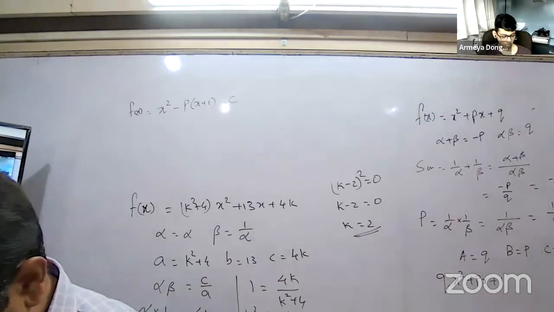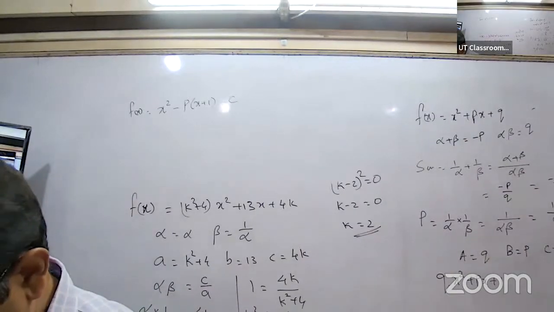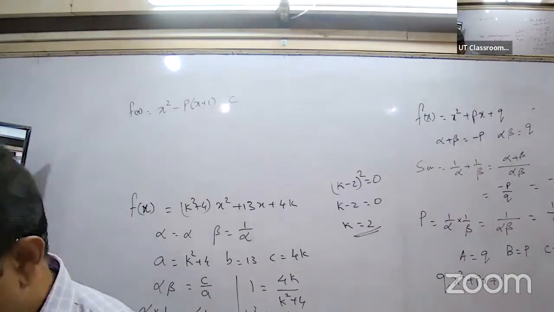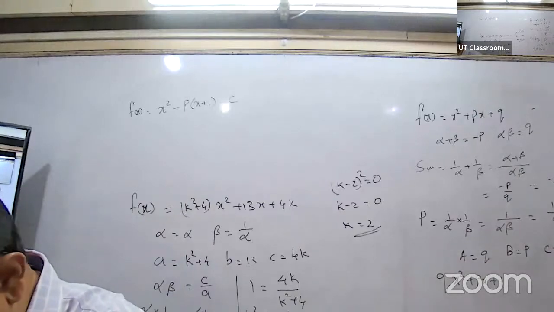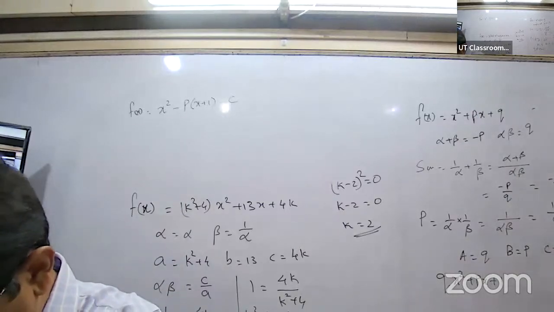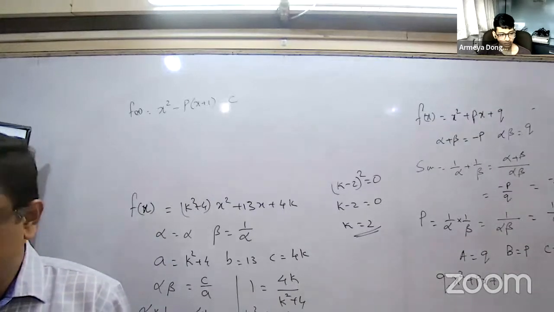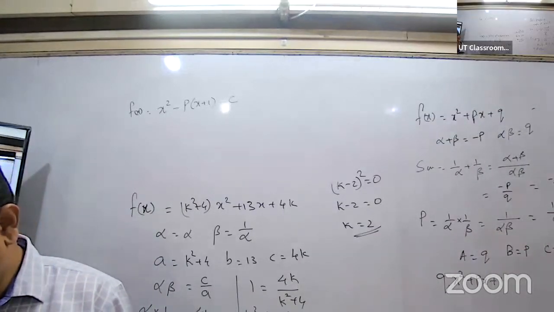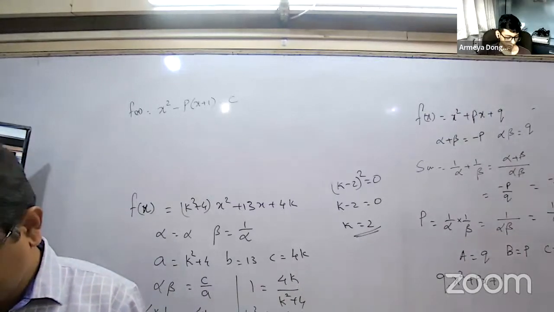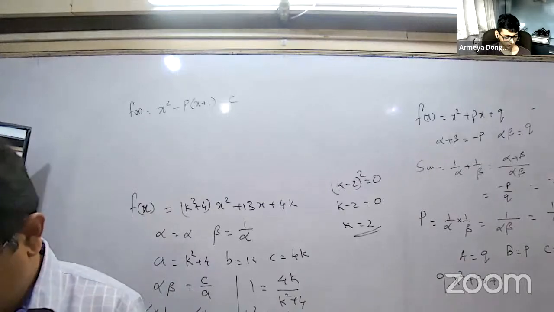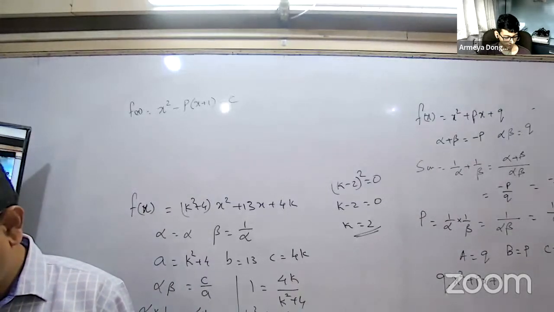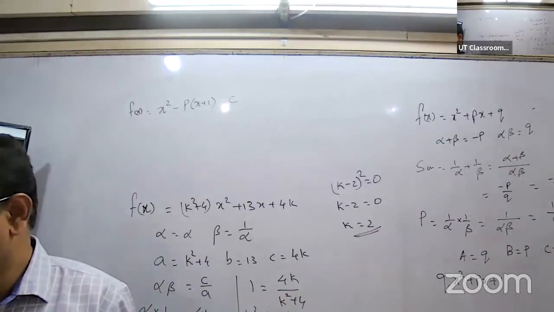But there is a little more problem. You know, what is the value of alpha beta? Is it minus c upon 1? Is alpha into beta c by a, right? What is c by a? What are a, b, c here? That is a is 1 and c is the minus c. There is a problem.